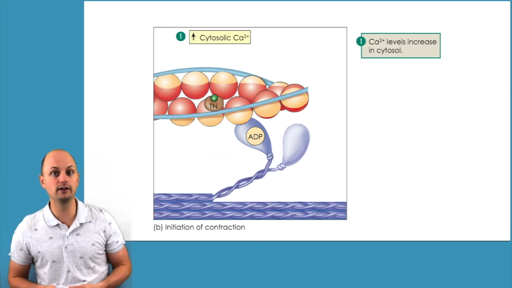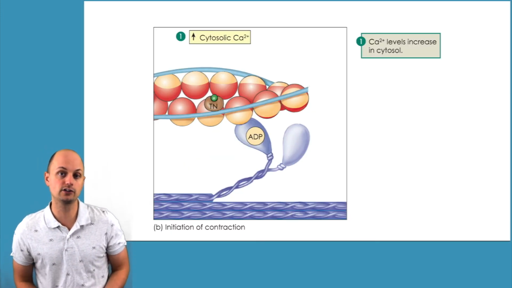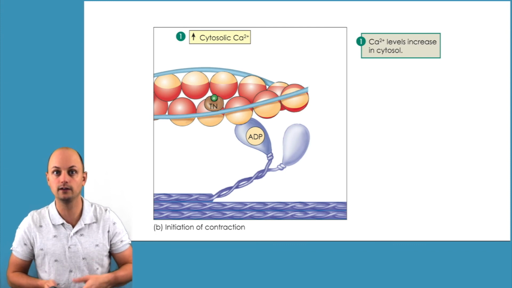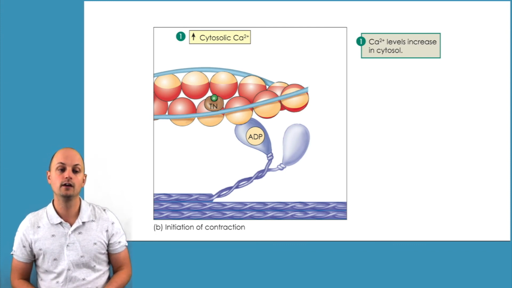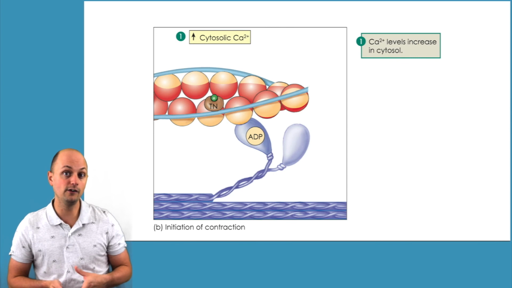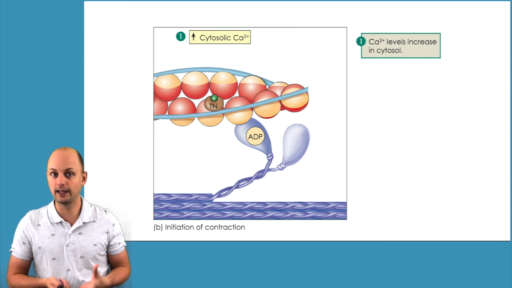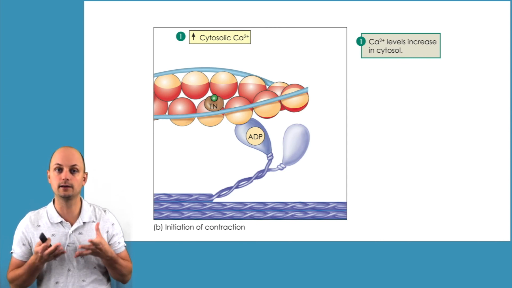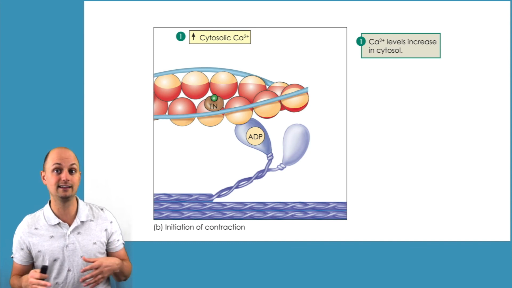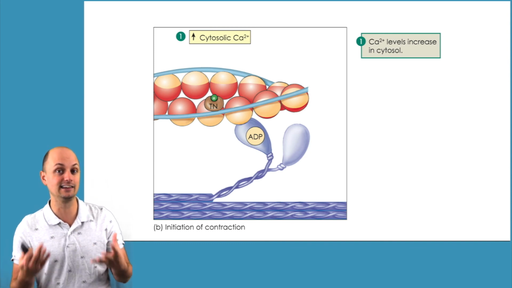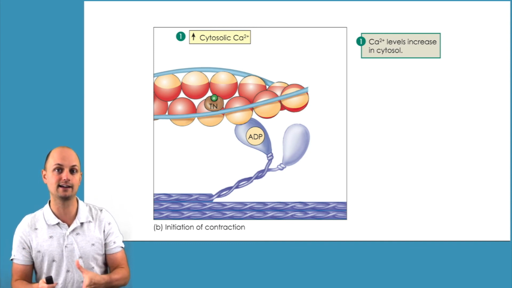So to quickly summarize all of the molecular events of contraction that we've talked about in this part of the unit and see how everything fits together, remember that this story starts off with calcium, because without calcium, binding is physically impossible. The tropomyosin is attached to actin and it's in the way. The myosin doesn't have access.